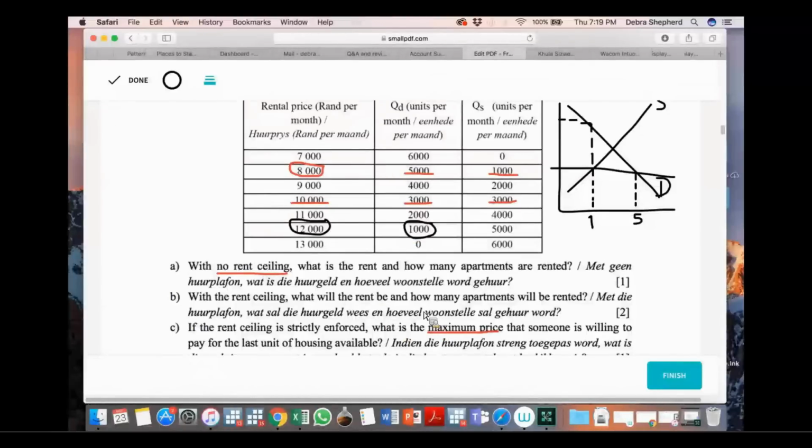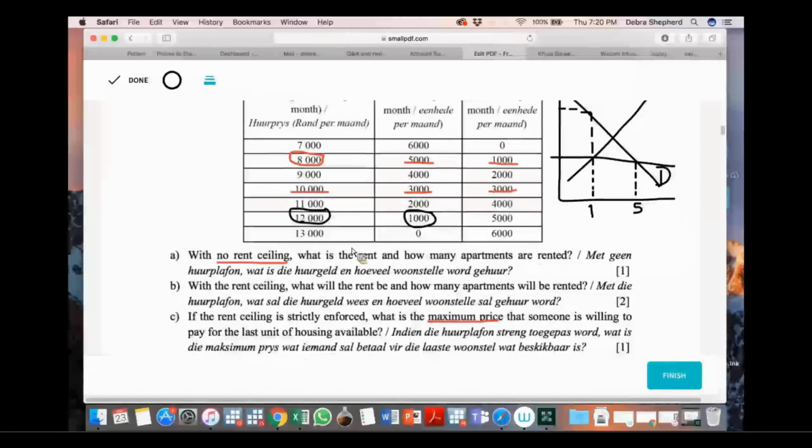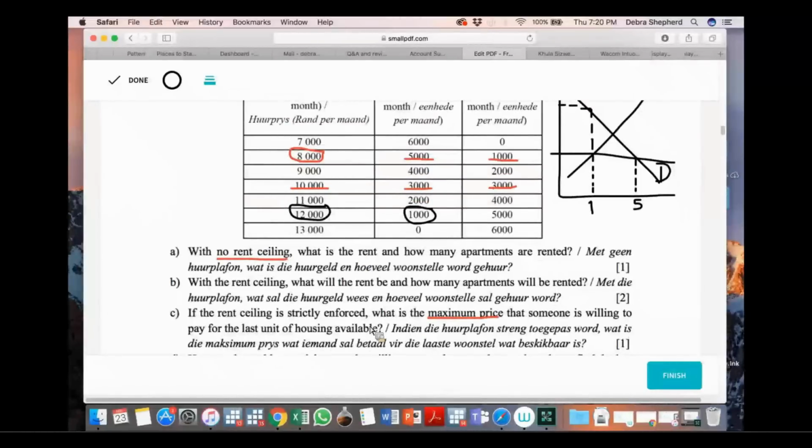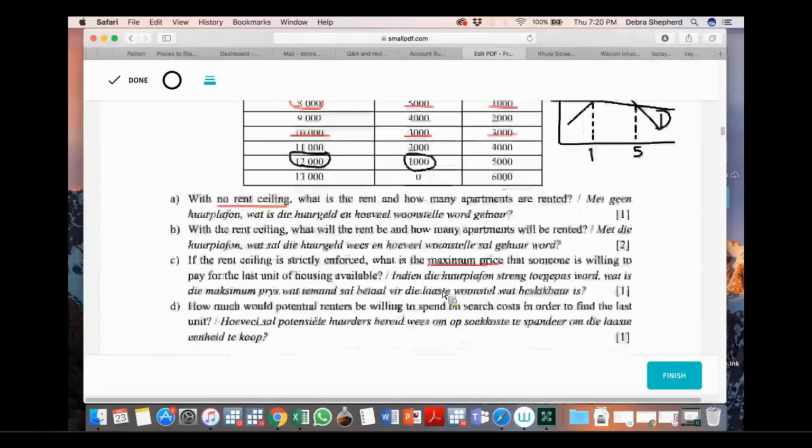So that tells me that 12,000 Rand is the value that is placed on the 1,000th house. In other words, the person who got the last unit of housing was willing to pay a maximum of 12,000 Rand in order to access that house. So that's the answer to C, 12,000 Rand.